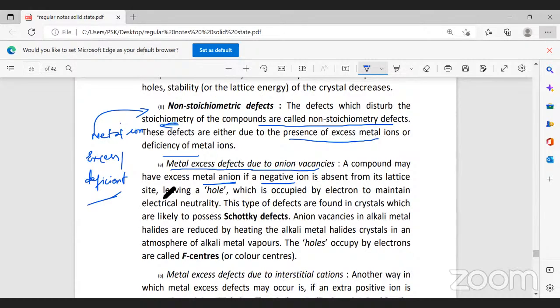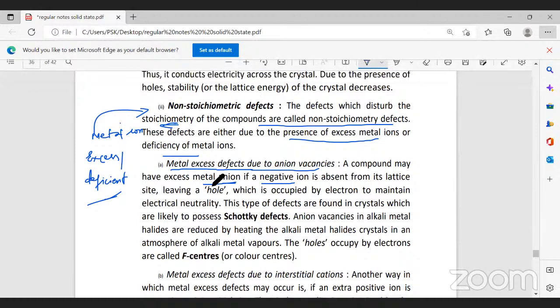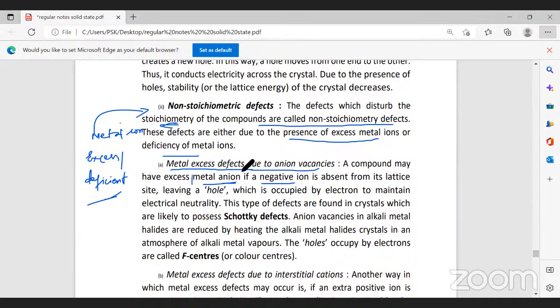A compound may have excess metal anion, understand this. Metal is always positive charge. Metal cannot have negative charge. Metals are always cations. But here they are using a term called metal anion, when a negative anion is absent from its lattice site, leaving a hole.